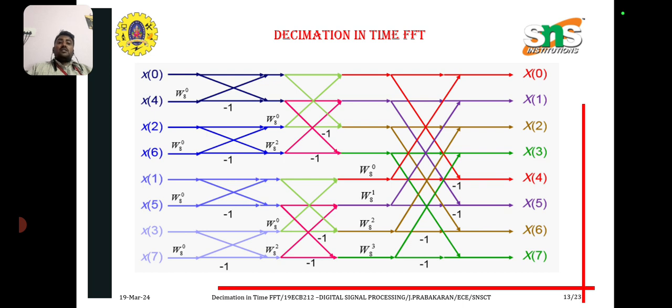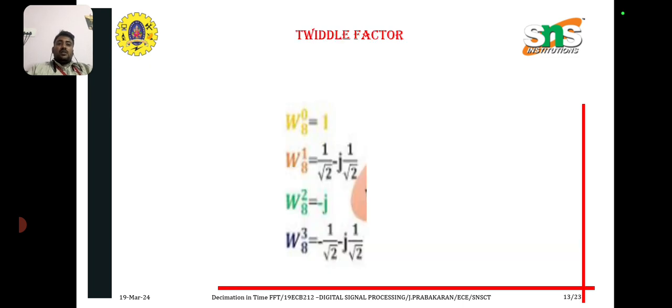The values of these, by using the twiddle factor formula, we can get all those values. W8 of 0 equal to 1, W8 of 1 equal to 1 by root 2 minus j 1 by root 2, W8 of 2 equal to minus j, W8 of 3 equal to minus 1 by root 2 minus j 1 by root 2. We know the formula Wn of k equal to e power minus j 2 pi kn divided by capital N. If k is 0 means e power 0 equal to 1.